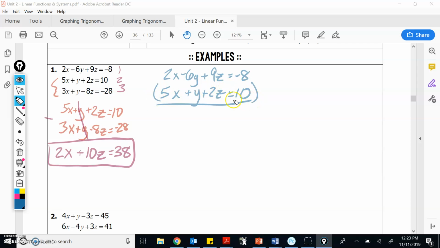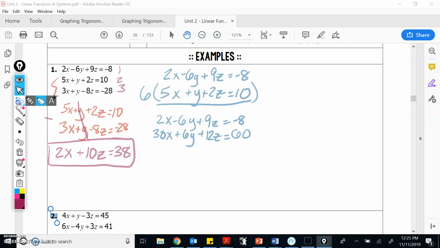So I multiply the second equation by 6, and the top one stays the same. The bottom now becomes 30x plus 6y plus 12z, and don't forget to multiply over here. Now, adding these together, we get 32x.